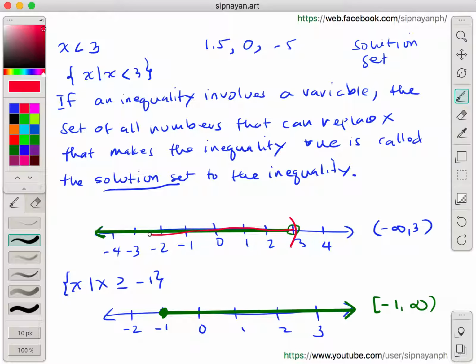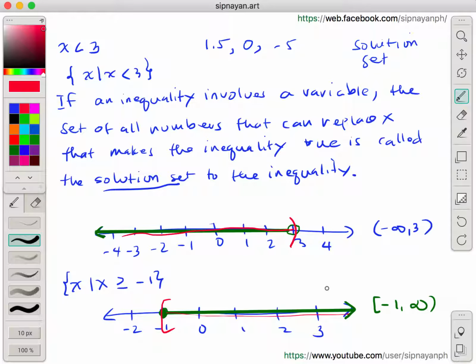And ito naman, ginagamit din nila to. Although yung gagamitin natin itong circle na may solid color, tsaka yung circle na walang solid color.